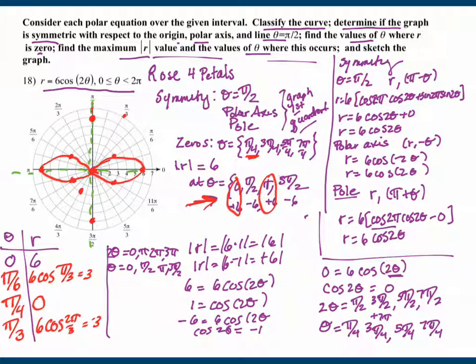Okay, across this axis, it's going to go to 5 pi over 3. Then across the polar axis, it's going to go to pi over 3. Across the theta equals pi over 2, it's going to go to 2 pi over 3. And then at pi over 2, that's another one of my zeros.